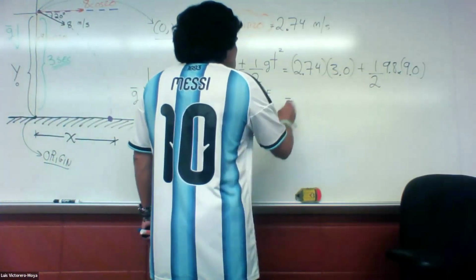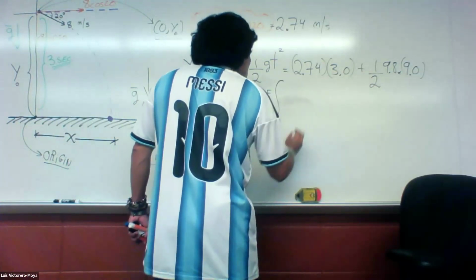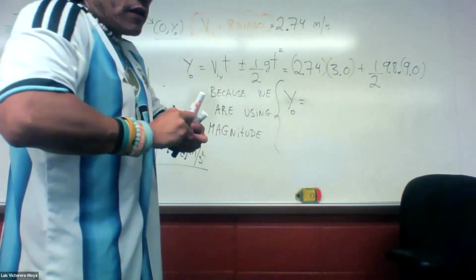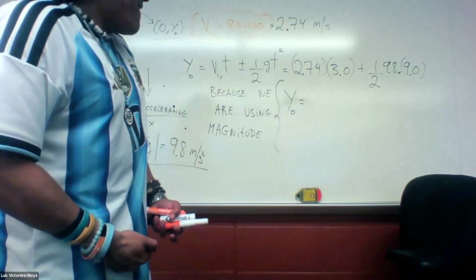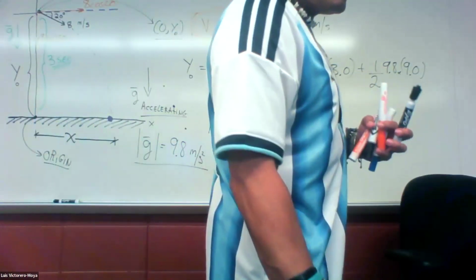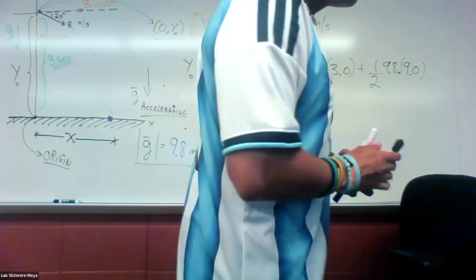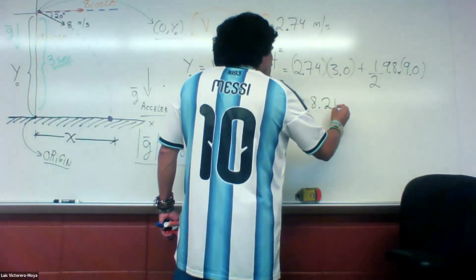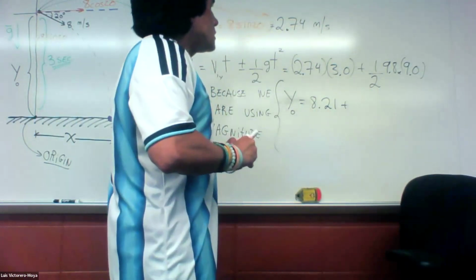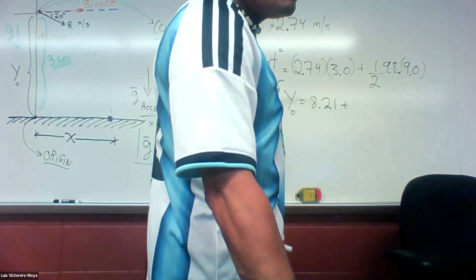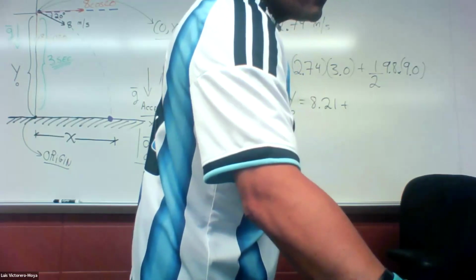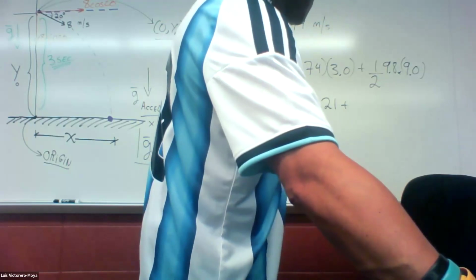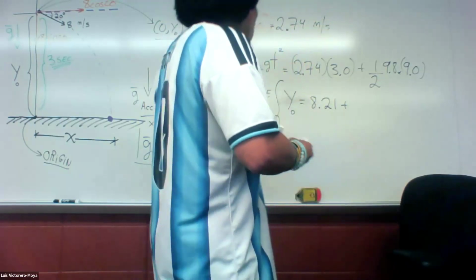All right, or y naught, which is the initial coordinates of the ball. So 2.74 times 3. This is 8.21 plus 9.8 times 9 divided by 2, 44.1.